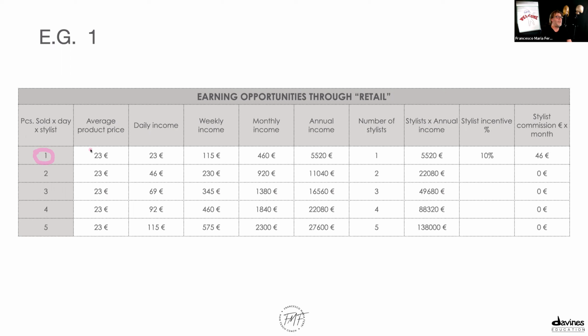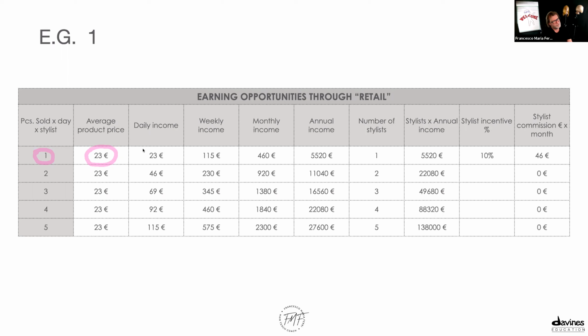And I just gave an average price for the retail products. But it's an imaginary price, guys. It's not a realistic one. I just filled in the chart to have a base for our discussion, okay?